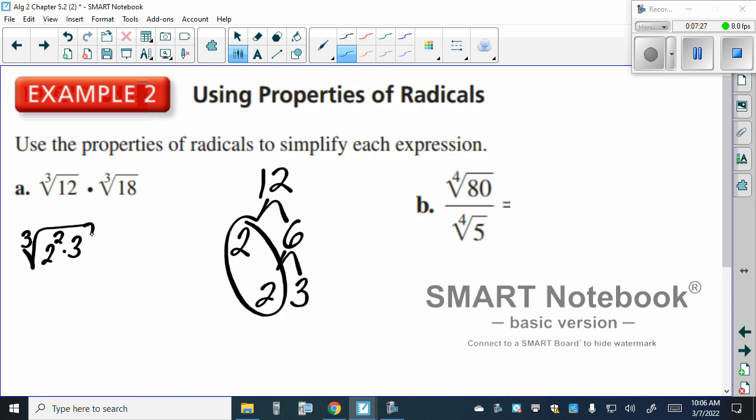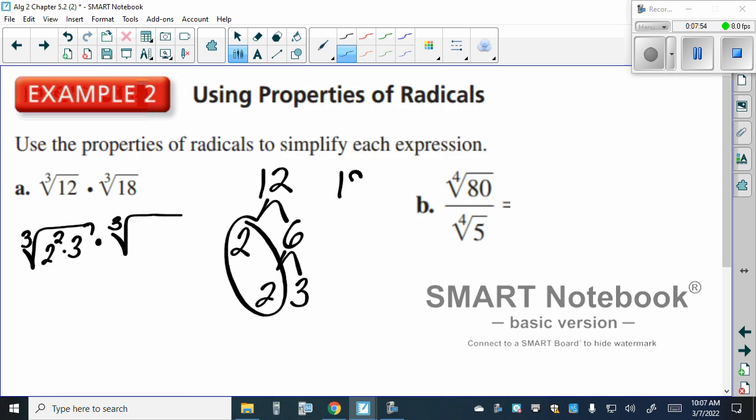Now the reason we're doing that is because, again, whenever that exponent and the root match up, we can simplify that, yes? So if we had 2 to the third, the cubed root of 2 to the third would be 2. And if we had the cubed root of 3 to the third, that would just be 3. Okay. Times.